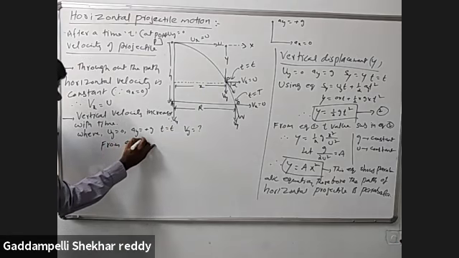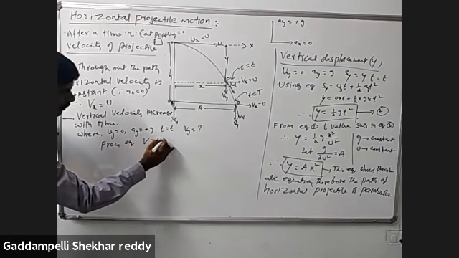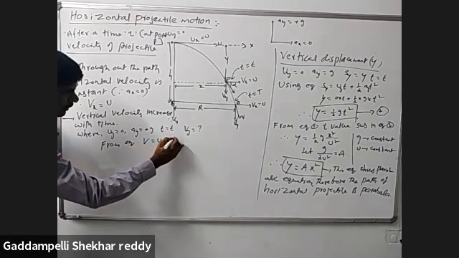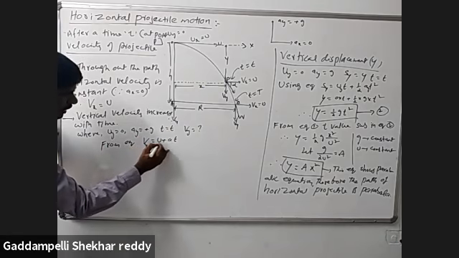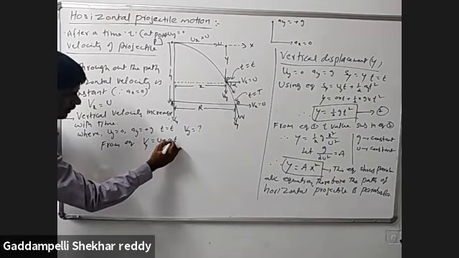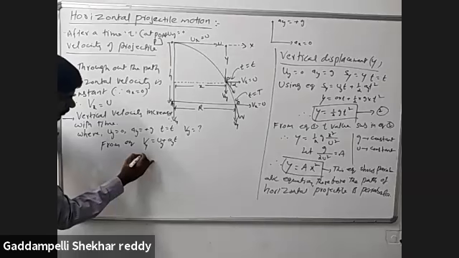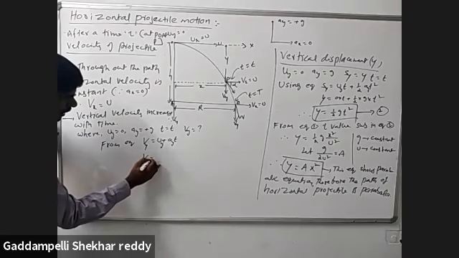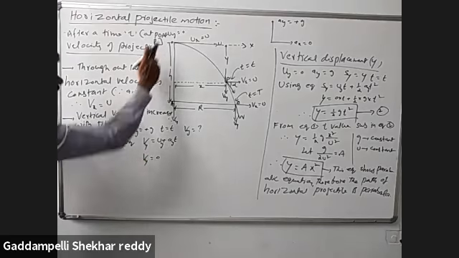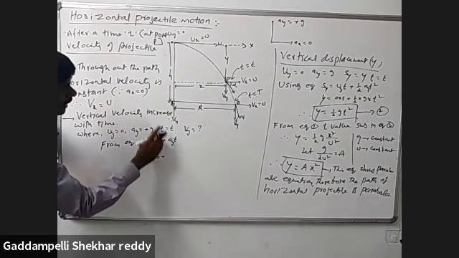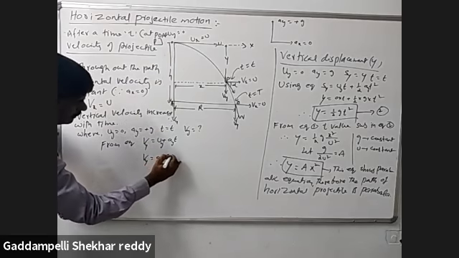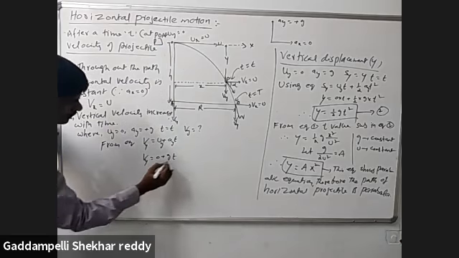From the equation v is equal to u plus at, here v means Vy, u means Uy, a means Ay. Vy is equal to 0, this term becomes 0 as the starting velocity, plus g t.